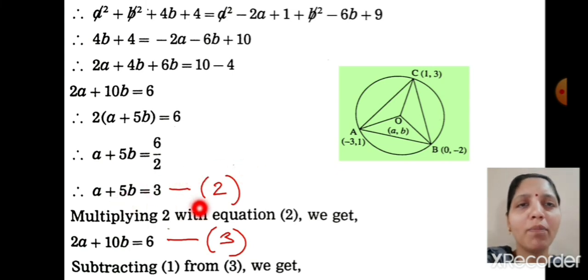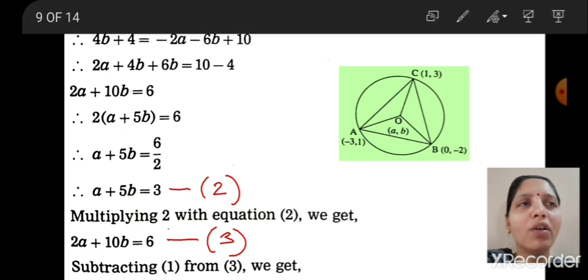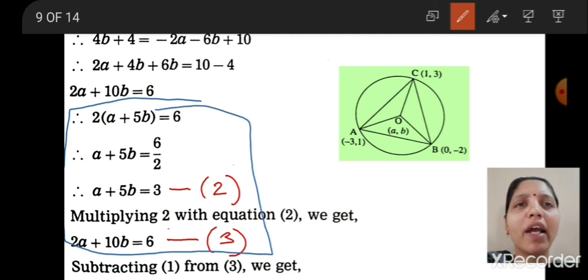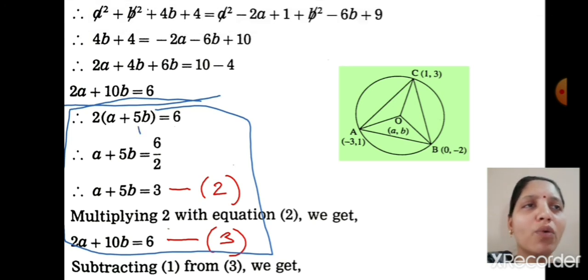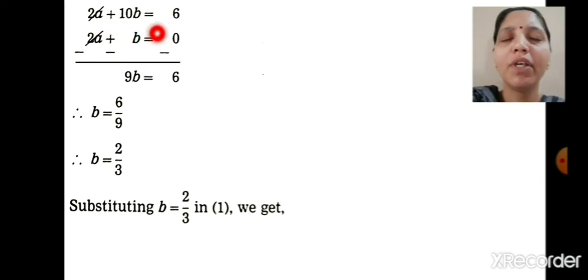Now you can multiply equation 2 by 2. You will get 2A plus 10B is equal to 6. This will be your third equation. Now you can omit these steps and directly consider this equation, and you can subtract equation 1 from this equation. Okay, so let's do it. 2A plus 10B is equal to 6.